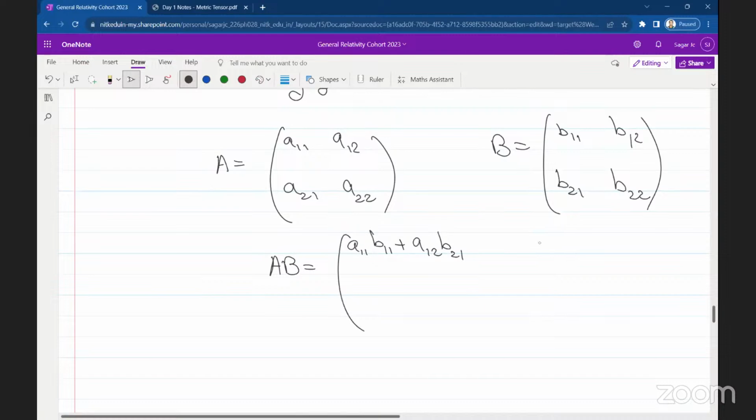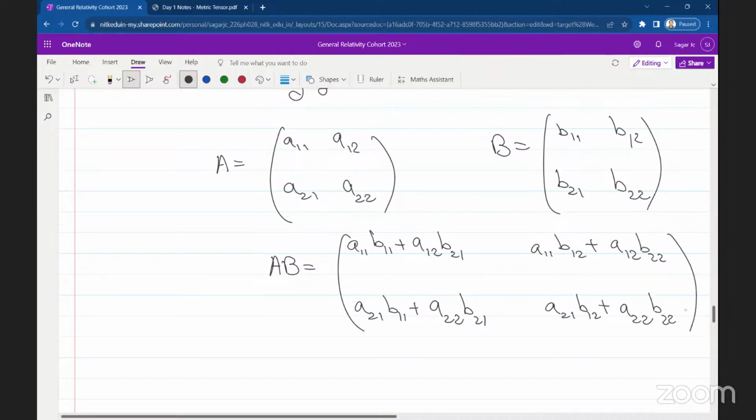The top right value will be A11 into B12 plus A12 B22. Here it will be A21 B11 plus A22 B21. And bottom right, it will be A21 B12 plus A22 B22.